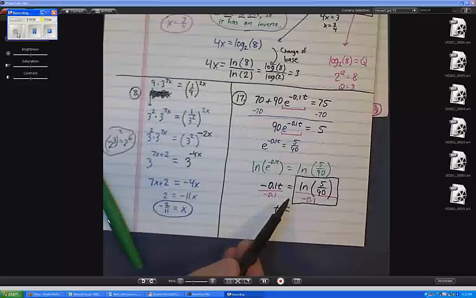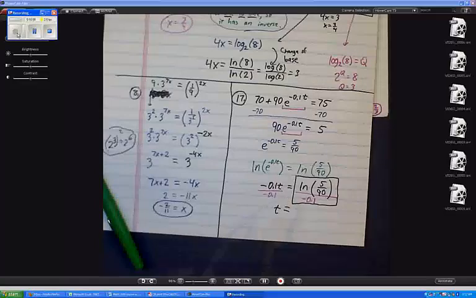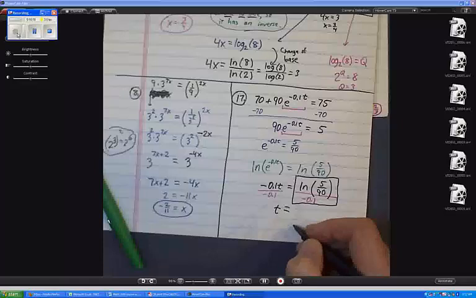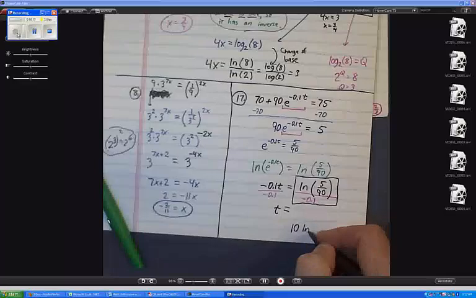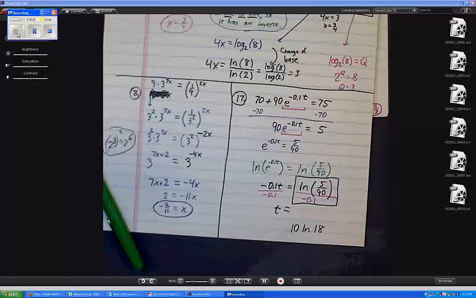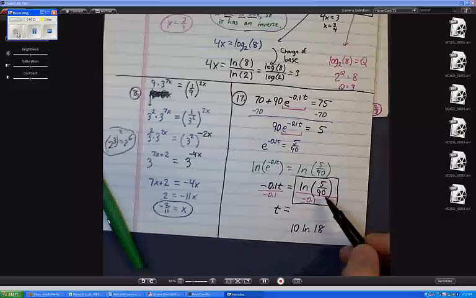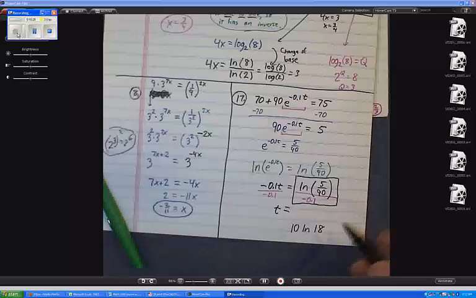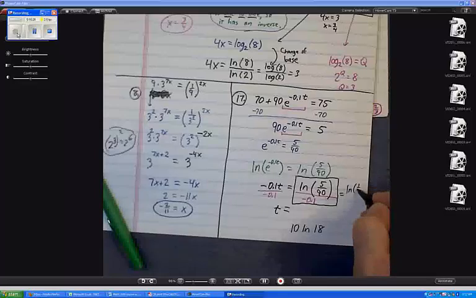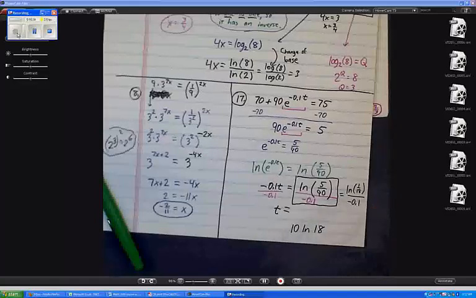Now, when I look at the book, they say that the answer is 10 times the natural log of 18. That's weird. And they didn't quite write this. They wrote the natural log of 1/18, so they simplified like Barb did, divided by negative 0.1. Okay?